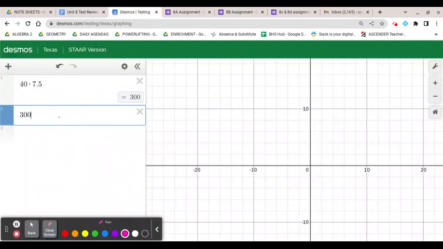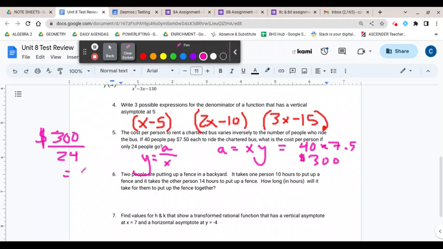So 300 divided by 24 is $12.50. So the more people go, the less each person has to pay because there's a flat rate of $300.